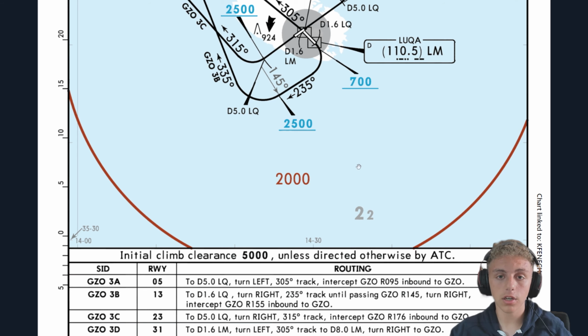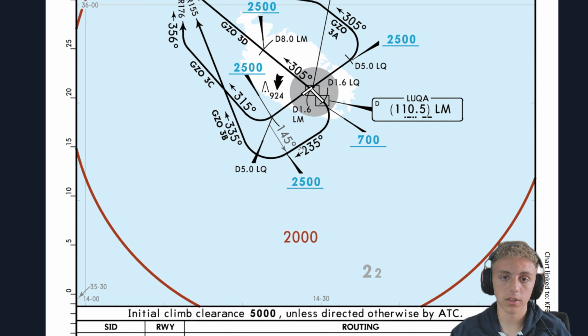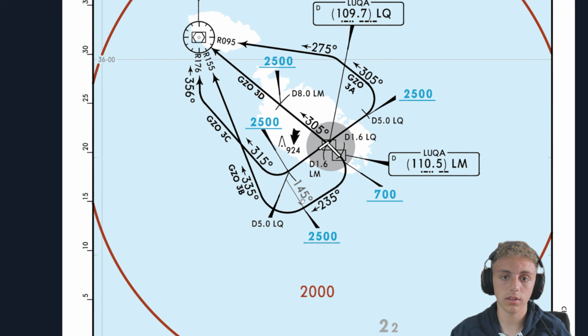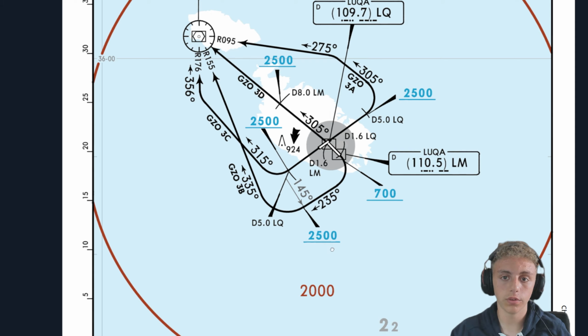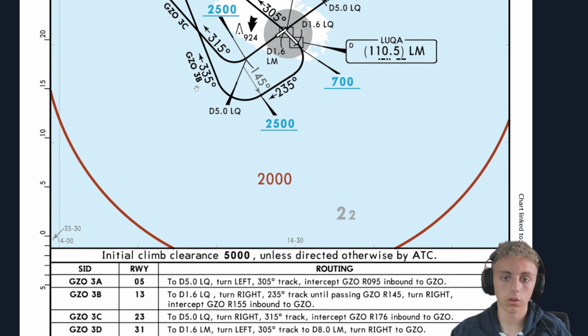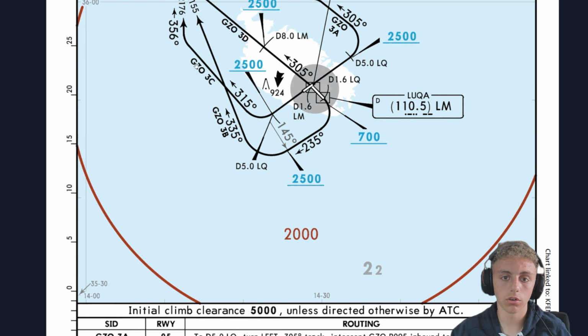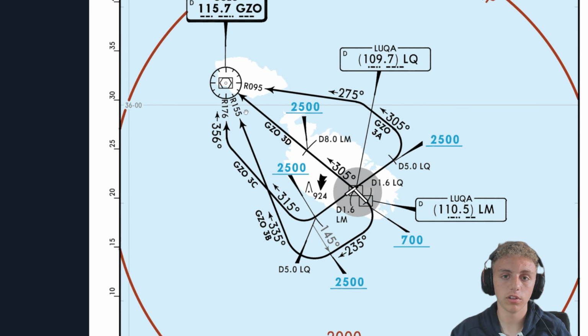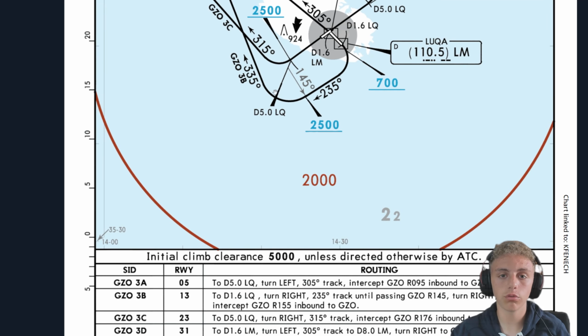Then you have to turn right to 235, and when you're passing the 145 radial of the Gozo VOR, you turn right and intercept the Gozo radial 155. Here it doesn't include altitude restrictions. You are expected to look at them on the actual plan view chart, but here they are just laid out in text format.